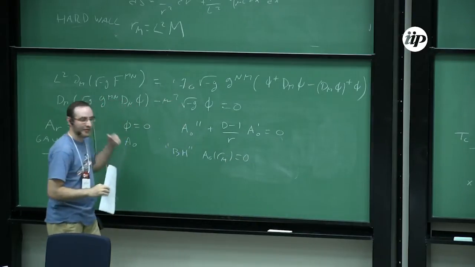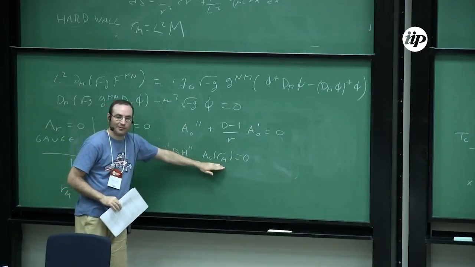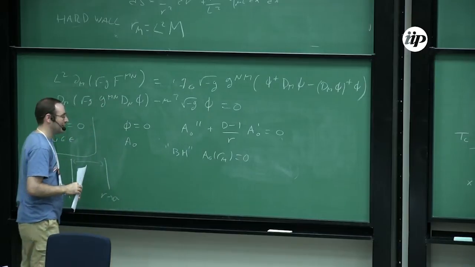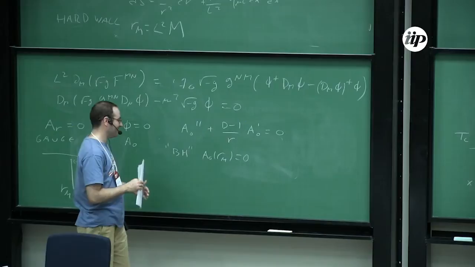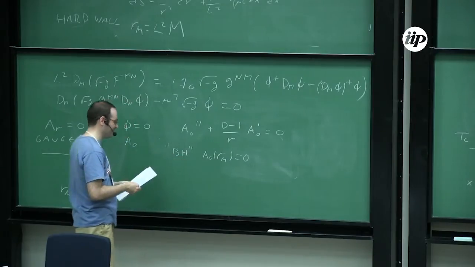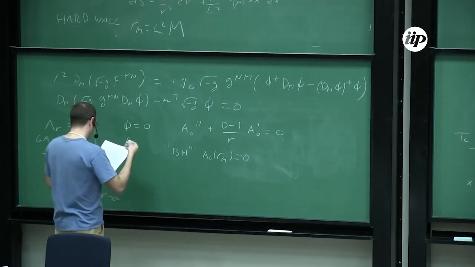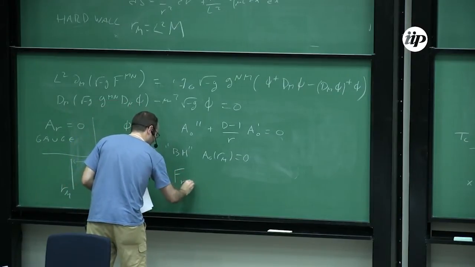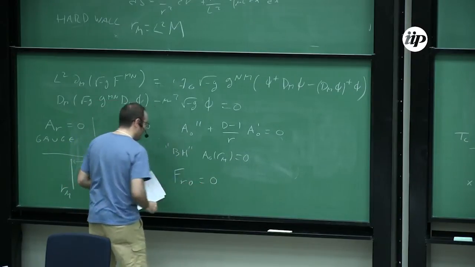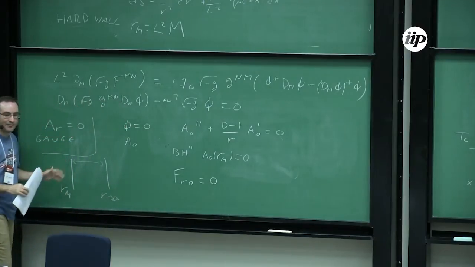Okay? If you have a black hole horizon, you impose this condition for the gauge field at the horizon, because when you go to the Euclidean, you will have a regular solution. So this corresponds to the thermal equilibrium. But for me, it's much simpler to take the condition that the flux at the hard wall is 0.